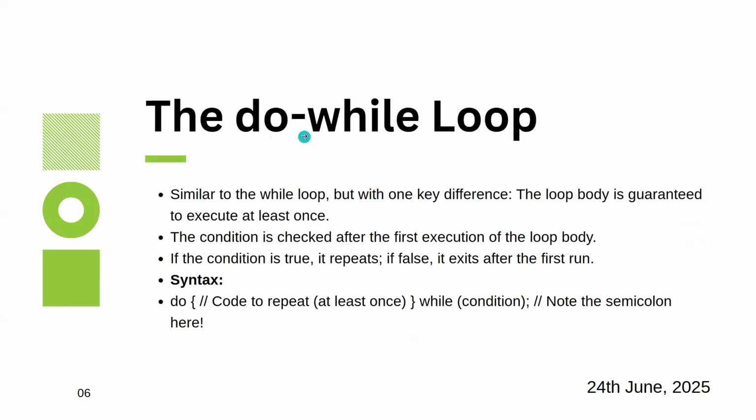The difference is that the while loop checks the condition first before entering the block of code to execute. For a do while loop, it doesn't check the condition first. It first processes the statement, and only after processing the statement does it check the condition.